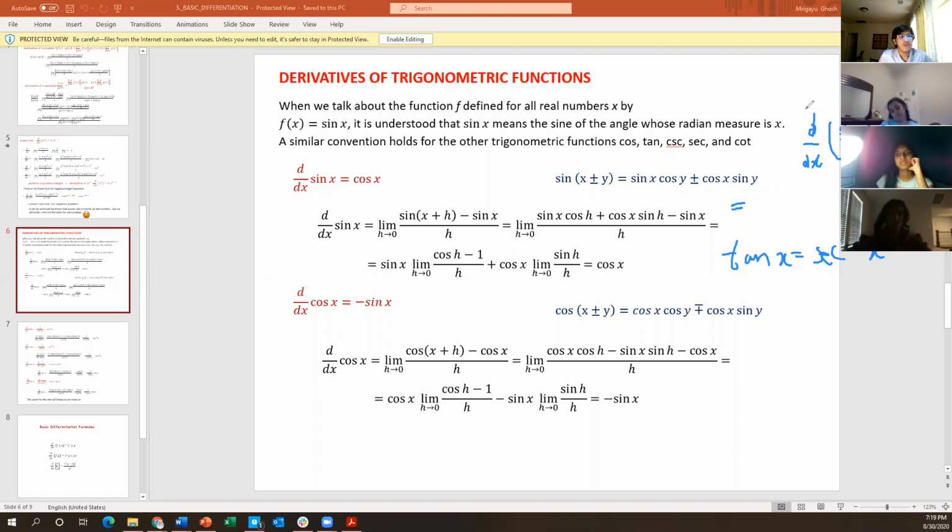Well, what we're going to do is we take low d high, so cos x times d high, which would just be cos x, so this would be cos squared of x. So low d high minus high d low. The derivative of cos x is negative sine x. So minus sine x times sine x is minus sine squared of x.